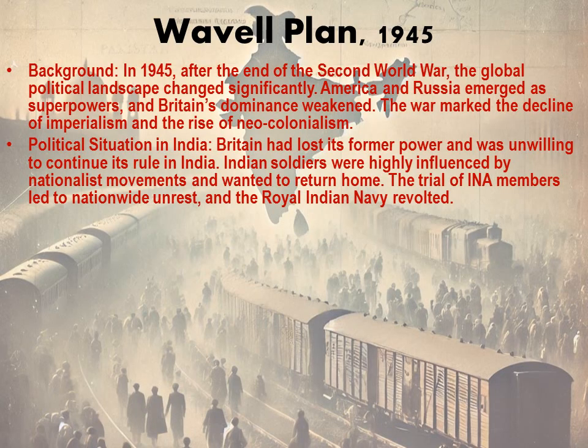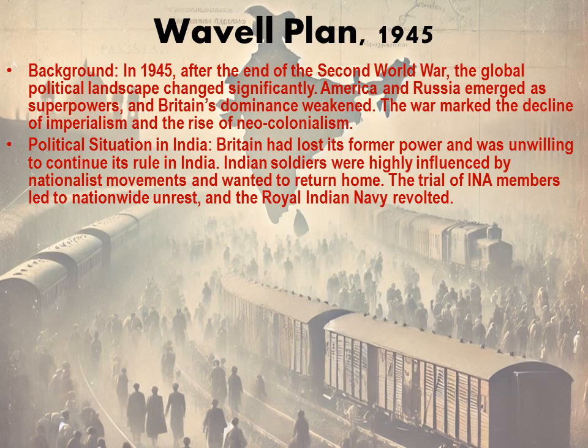First, Britain had lost its former power and did not have the means to continue its rule in India. Secondly, in the World War, a large number of Indian soldiers participated. They were hearing about the nationalist movements growing in India, and so they wanted to return home.